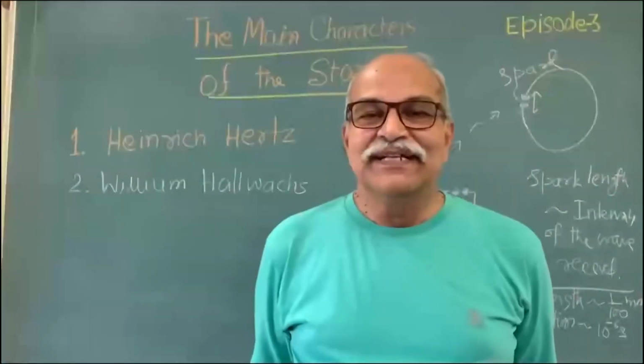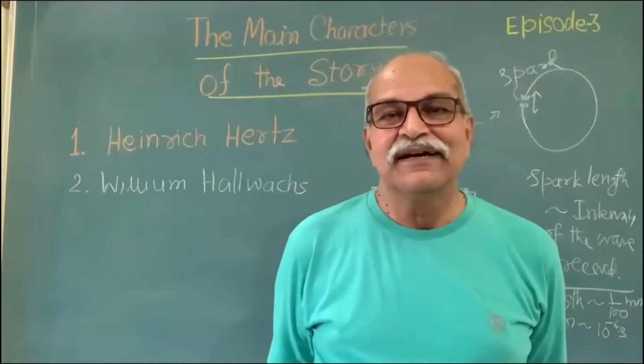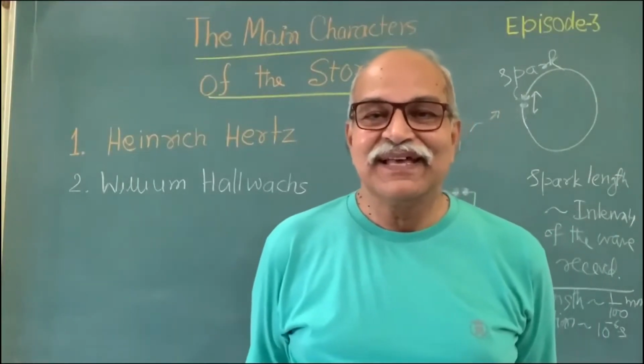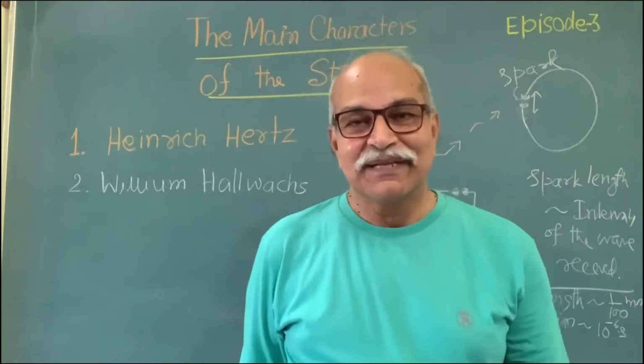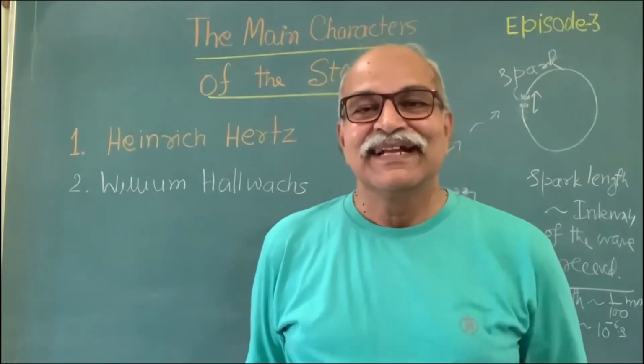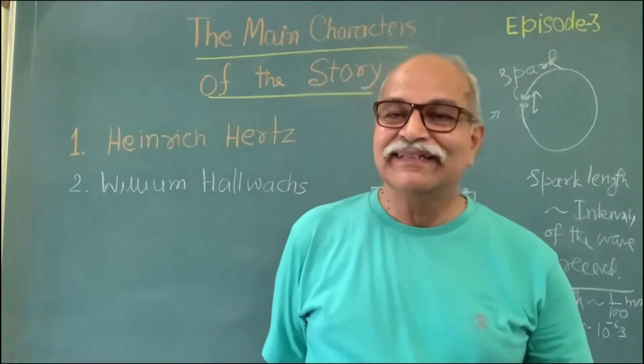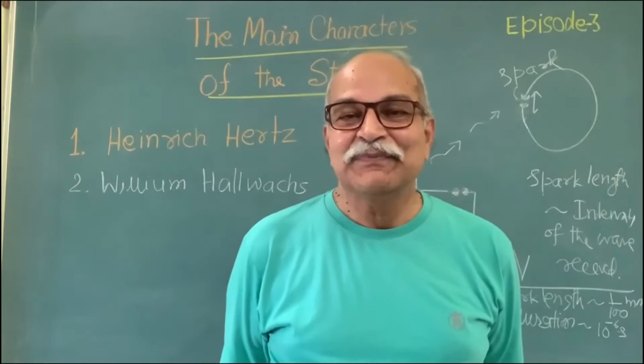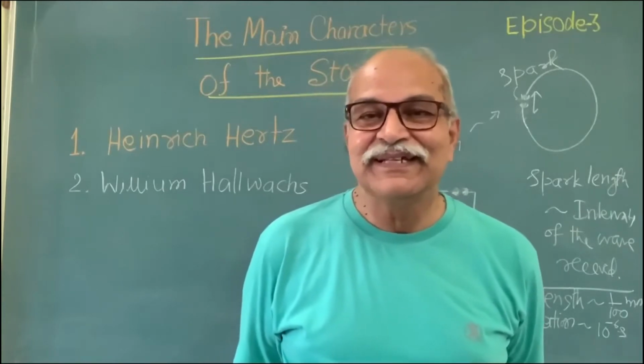So you see a dedicated work of Hertz on the interaction of light with metals in certain conditions, causing the spark length in his setup to change. The experiment, as you have seen, is very, very elaborate.